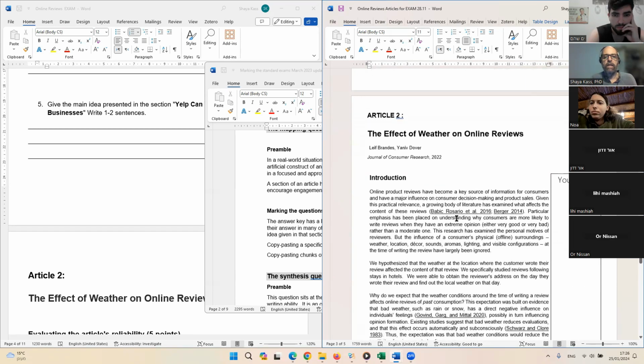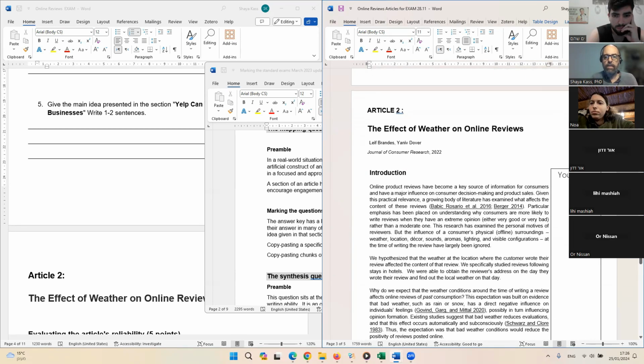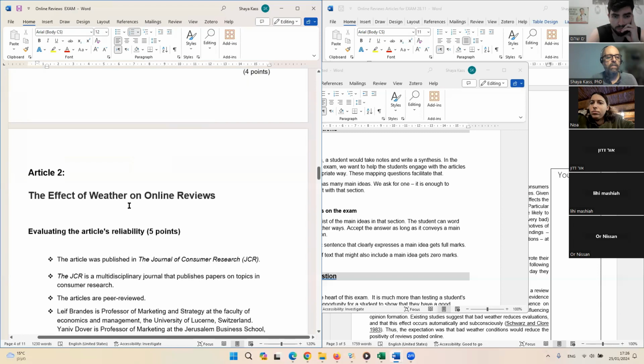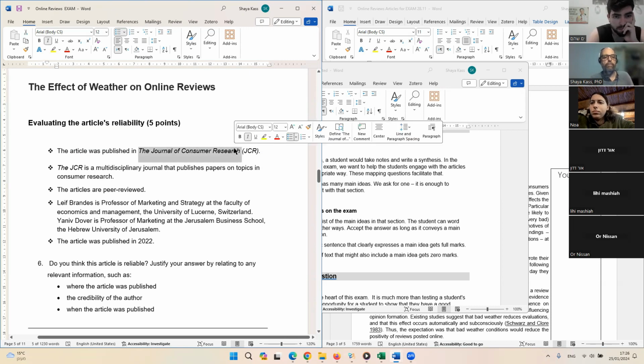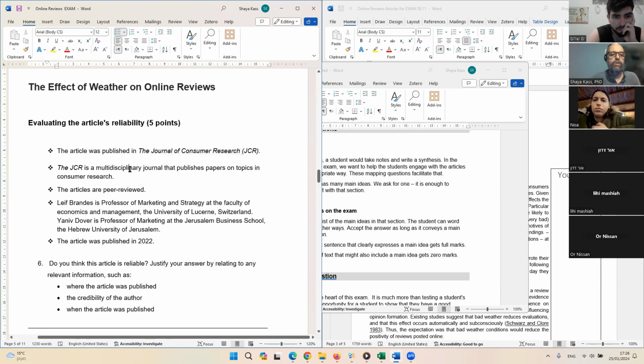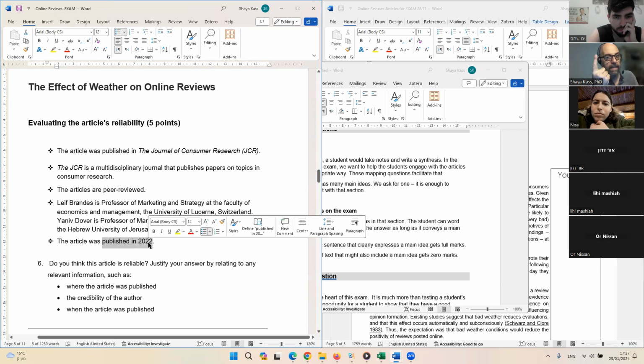Here's the second article. Again, you have the place to write notes. We're not going to see that at all. The first question of the second article is, is it reliable? For this one, it's the Journal of Consumer Research. It says the Journal of Consumer Research is peer-reviewed. This was published in 2022. So there's only one correct answer.